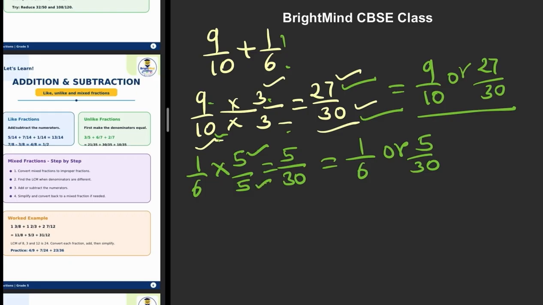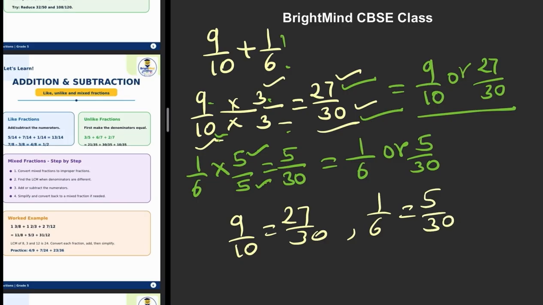So here, 9 by 10 is equal to 27 by 30, and 1 by 6 is equal to 5 by 30. It's the same thing, right? So now you can check that the denominators are the same.